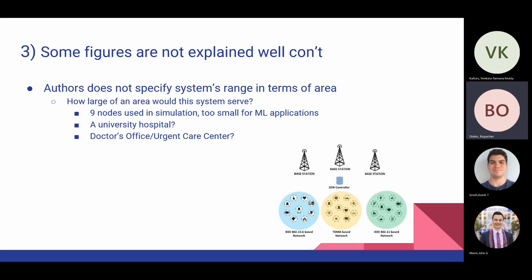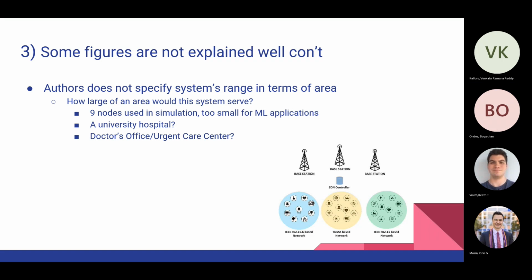So from the simulations, we can understand that simulations are done within these circles because they used 9 nodes, of which 8 were sensory nodes and one is the controller. But overall, we don't really know how big of an area this applies to.